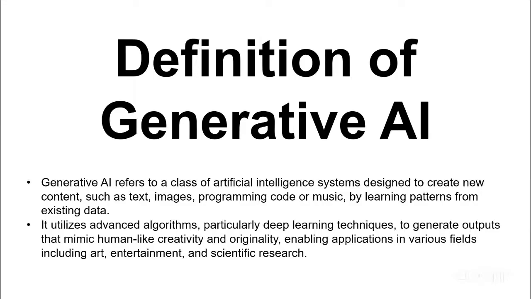They are not copy paste of something existing. Generative AI utilizes advanced algorithms like deep learning techniques and transformers to create outputs, and they mimic human-like creativity and also originality.